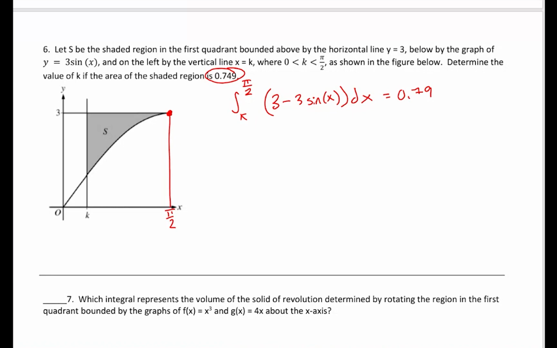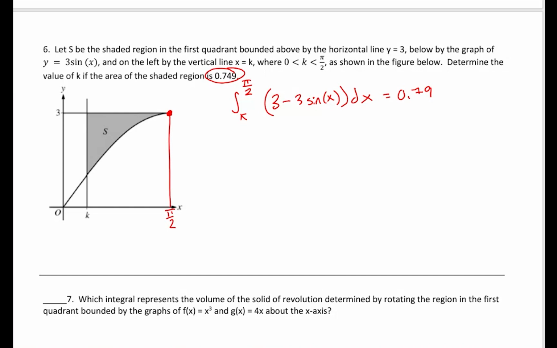Now, there's a couple different ways we could do this. I think one way is to use the fundamental theorem, let's just work it out that way. And then I think I have another way we could knock this out too. But let's actually find the antiderivative of this expression here, 3 minus 3 sine x, and we can plug in pi over 2 and k. I have another thought about how we might approach this since we're going to use Desmos.